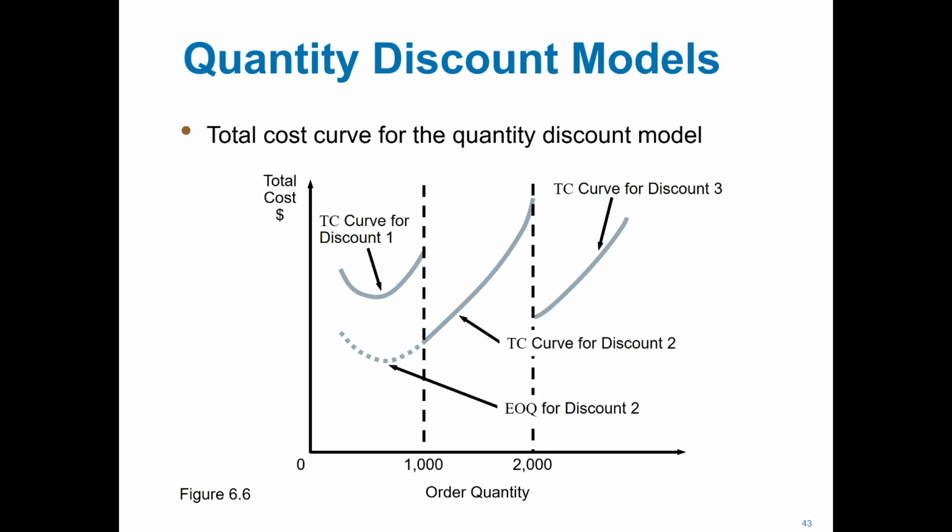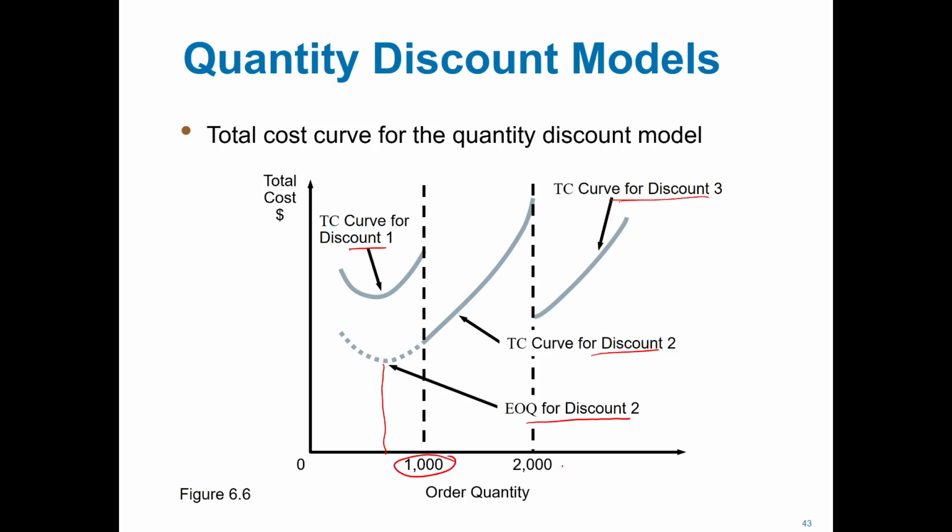So if we plot the total cost curves for discount 1, discount 2 and discount 3, we will get something like that. Now you can look at the economic order quantity for discount 2, which is less than 1,000, coming here, but we will not get the discount unless we order a minimum of 1,000 units.